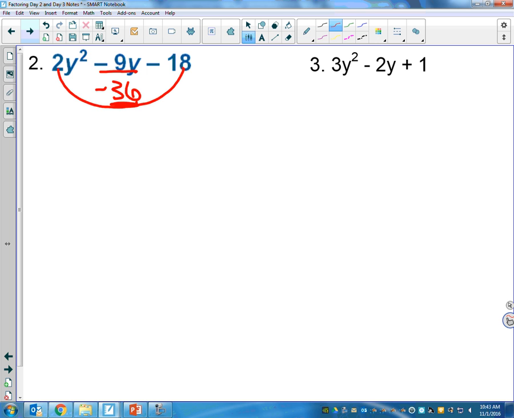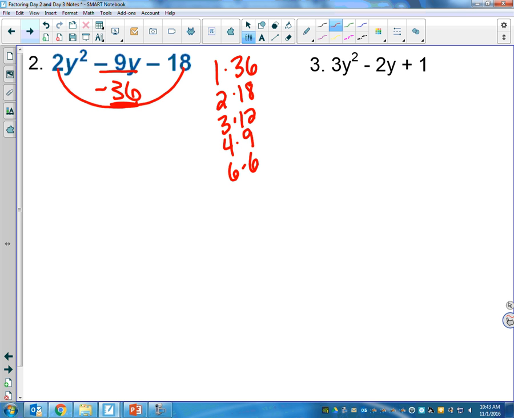Maybe I'll rewrite that second just to make sure we're on the same page. A tough one, I think, because there's a lot of numbers.